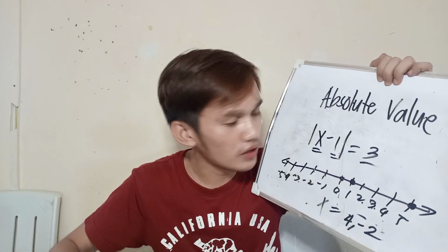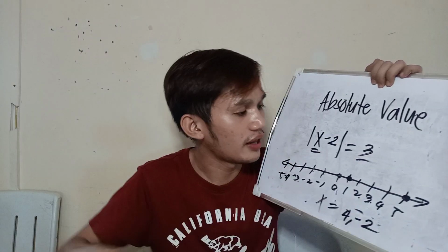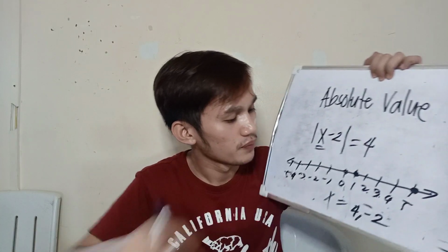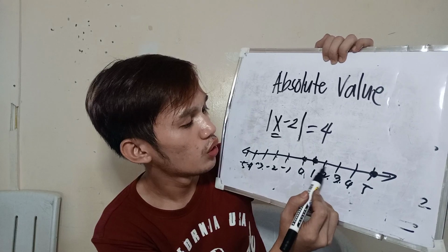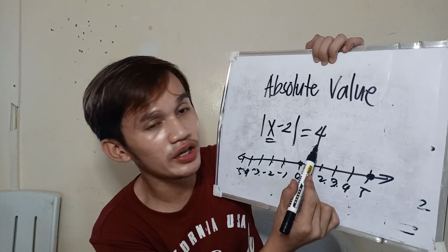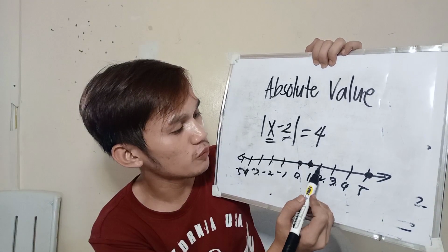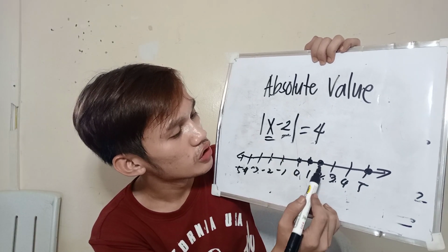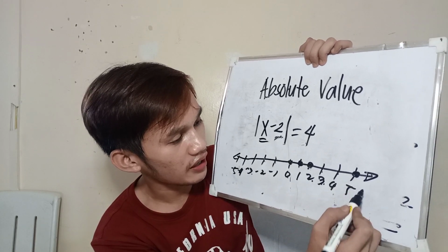Now, how about if this is, let's say, 2, and then the units away is 4. So from positive 2, you are going to count 4 units away, because this is your reference point. So this is your reference point, positive 2, and this is 4 units away: 1, 2, 3, and then 4.